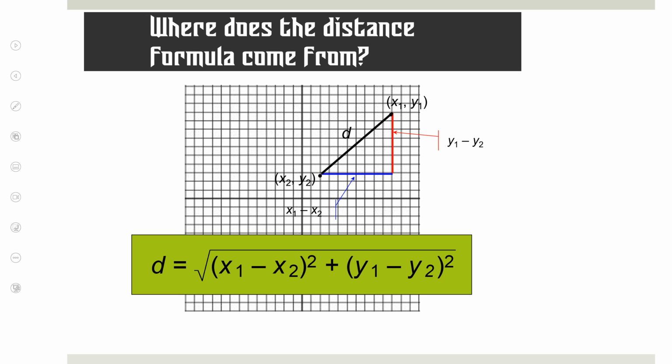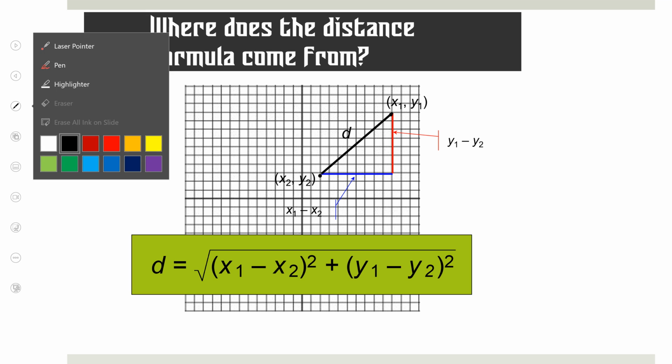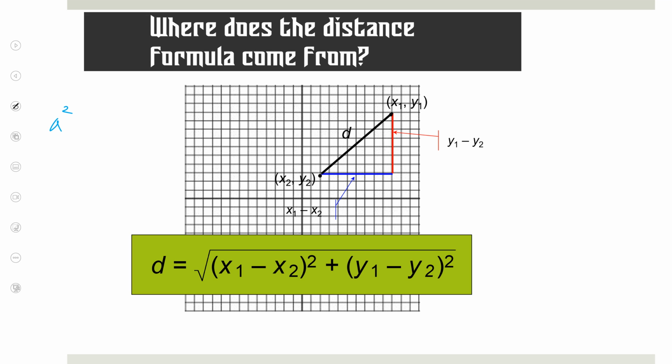Well, let's do some math. If I've got a squared plus b squared equals c squared, isn't c just equal to the square root of a squared plus b squared? Take the square root of both sides. That's where the distance formula comes from.